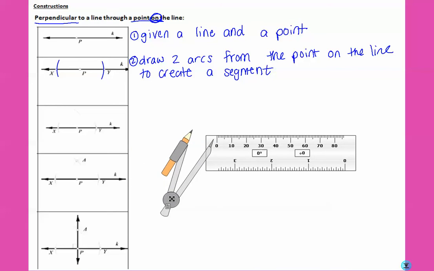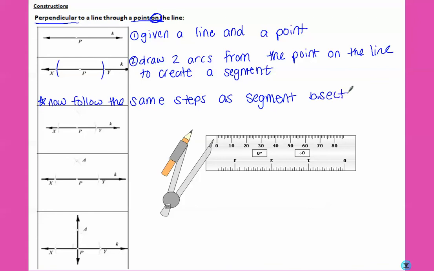Now the steps are the same as we did for a perpendicular bisector. Those are on your notes from 1.3a if you need to look back.